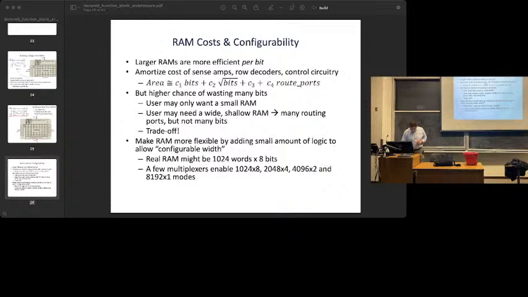So it might mean that the physical RAM we built might be 1,024 words times 8 bits wide. Okay, so that's like the natural organization of the RAM. But we can add in a few multiplexers that are configured by the CAD tool based on what you're trying to do that say, well, you could just take that data and just send it out to the routing channels. Or we could multiplex.